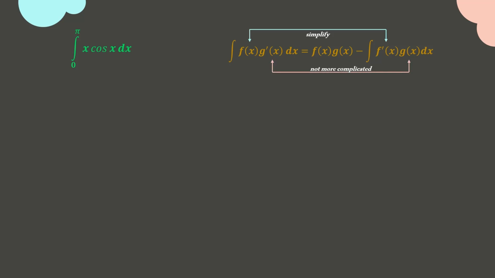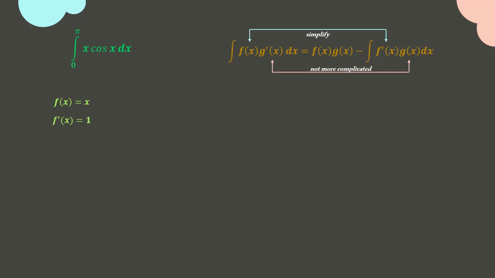Like I said before, we want to find an f of x that simplifies when we take its derivative, and a g prime of x that doesn't get more complicated when we take its antiderivative. Between x and cosine of x, which one gets simpler when we take its derivative? The derivative of x is just 1, so we make that our f of x, and f prime of x is equal to 1.